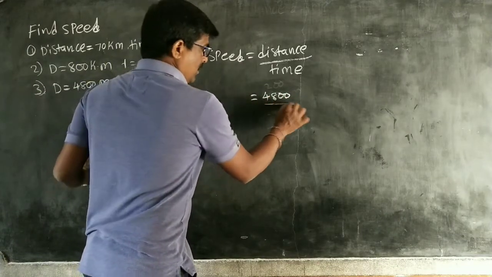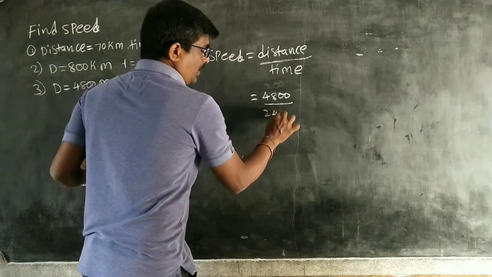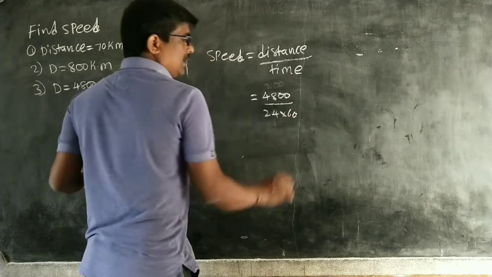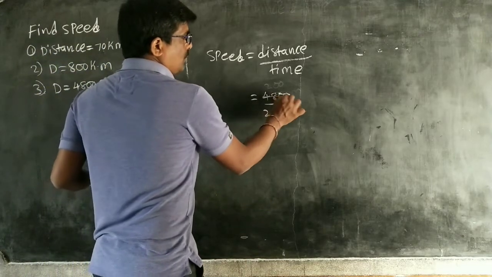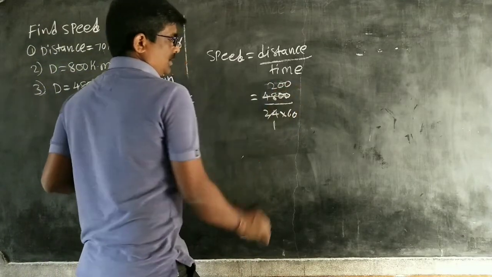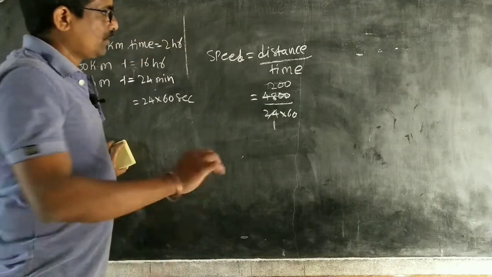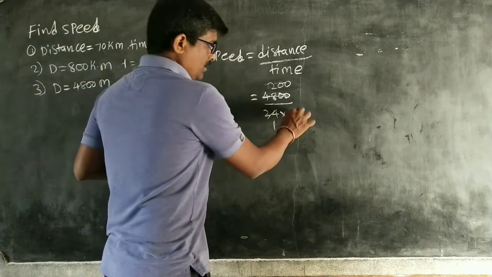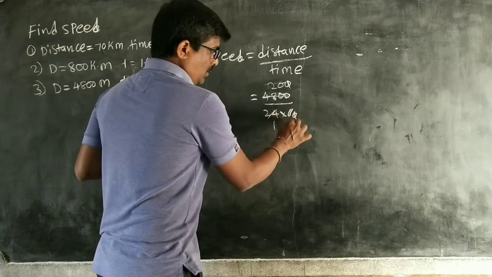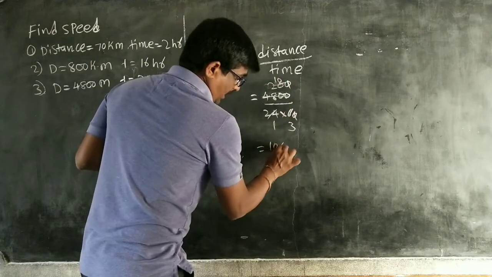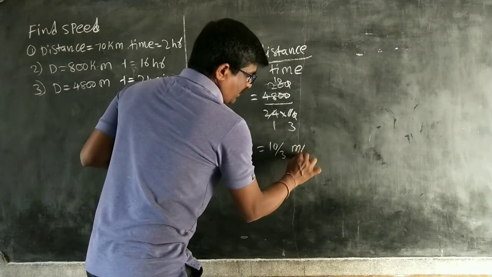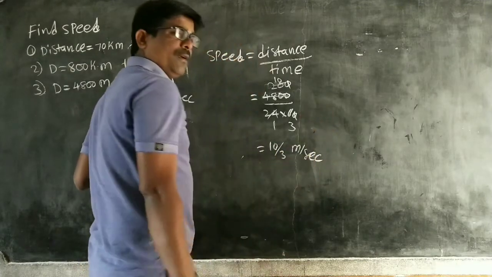That is equal to 4,800 meters by 24 into 60 seconds. 24 ones are 24, 24 200. Okay? 0, 0 cancel. 2 3s are 6, so 10 by 3. Therefore, speed is equal to 10 by 3 meters per second.